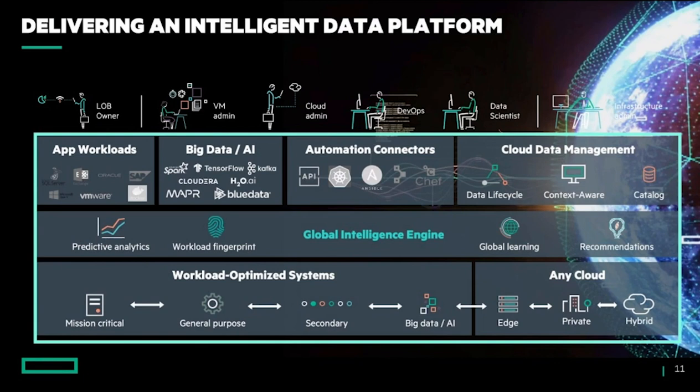Our strategy is to deliver an intelligent data platform that turns your data challenges into business opportunities. It begins with workload optimized systems that span your mission critical, general purpose, secondary, big data, and AI workloads. We enable any cloud, giving you the flexibility to span edge, on premises cloud, and hybrid/distributed cloud.